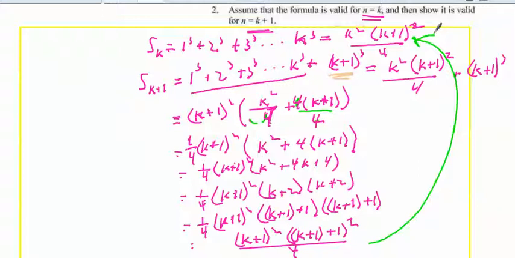So we did it. We proved it by mathematical induction that it works for k and it works for k plus 1, thus the formula works for them all.